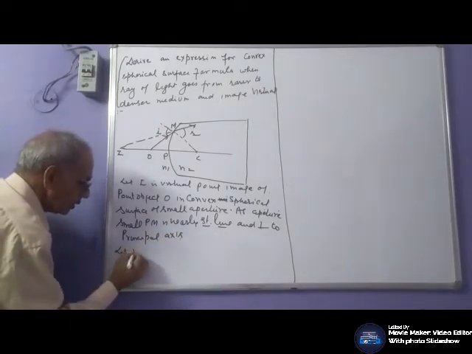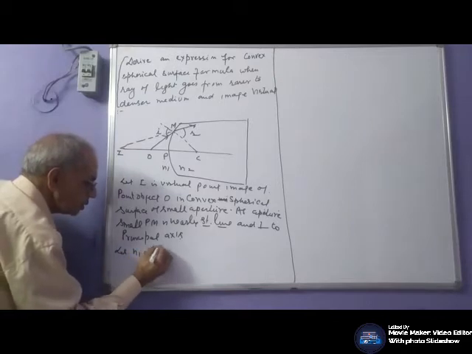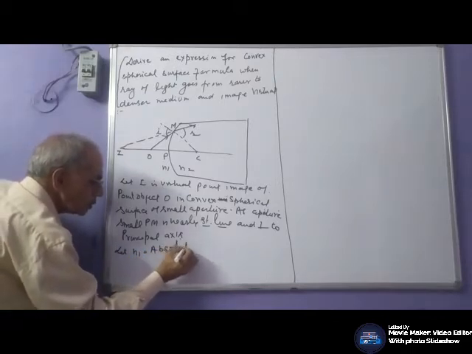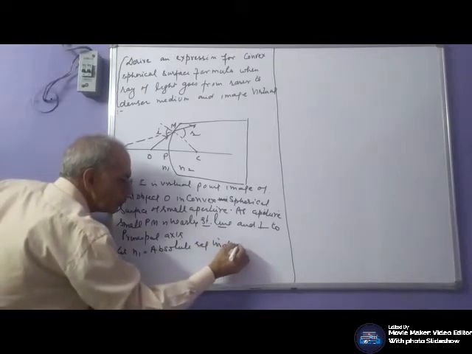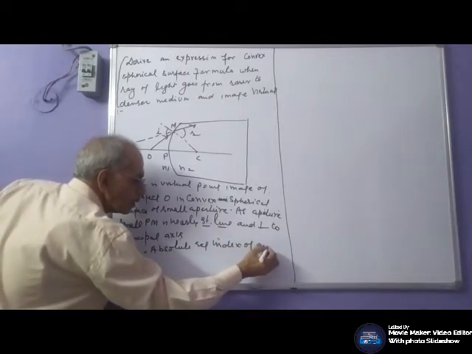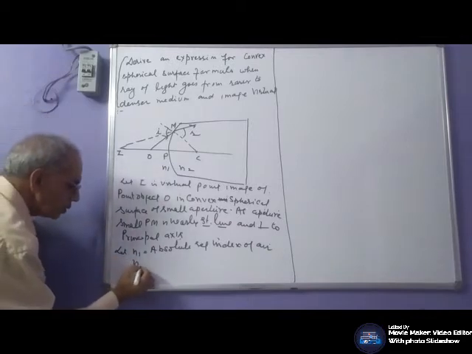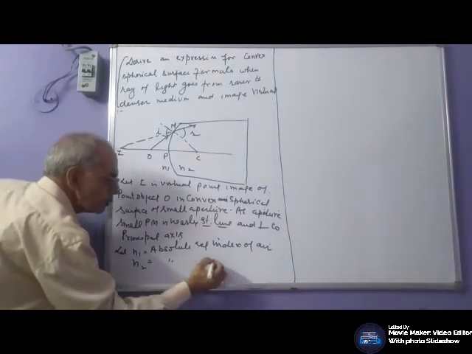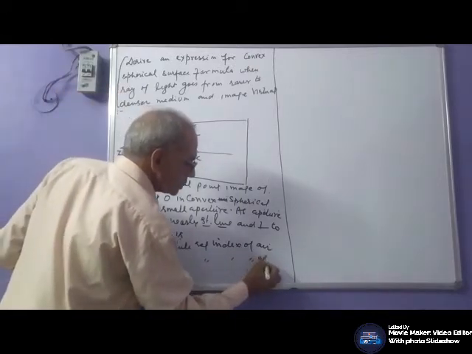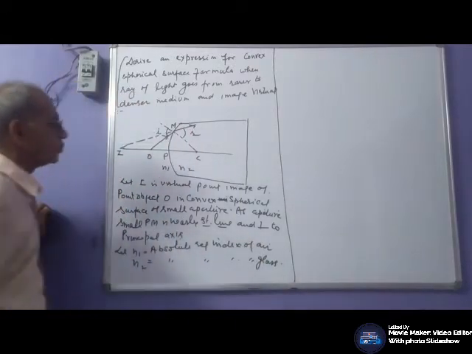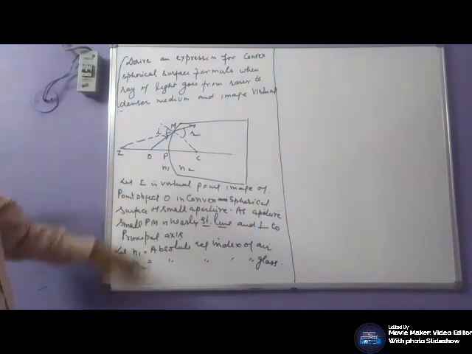Let N1 be absolute refractive index of air or rarer medium, N2 absolute refractive index of glass or denser medium. Same things, same.